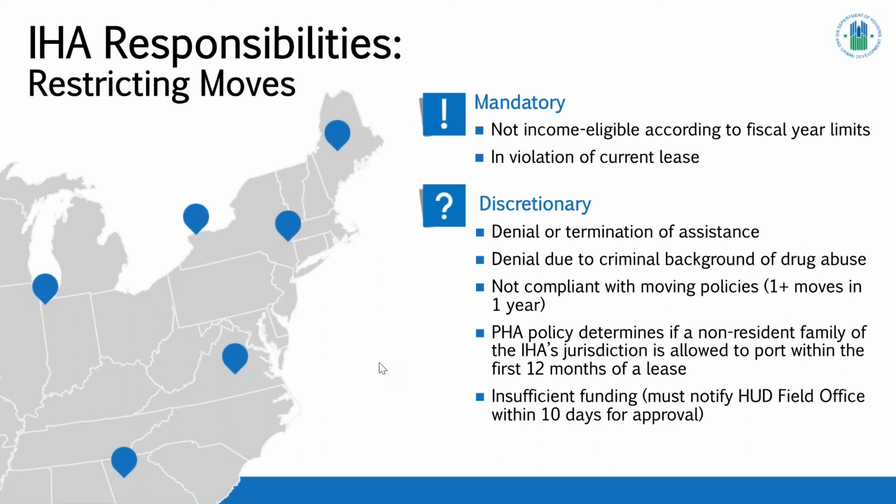But again, PHA policy would determine. The PHA may have a policy to deny the family their move due to criminal background check or drug abuse. The family may not be in compliance with moving according to the PHA's move policy, so their move will be restricted. Or if there's insufficient funding, the move may be restricted.